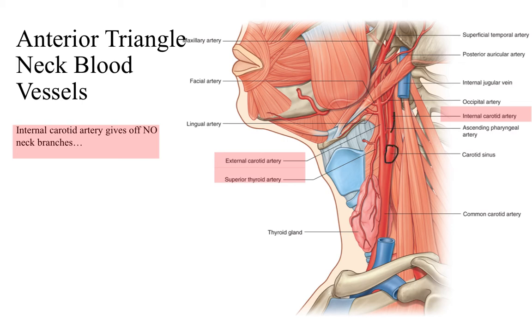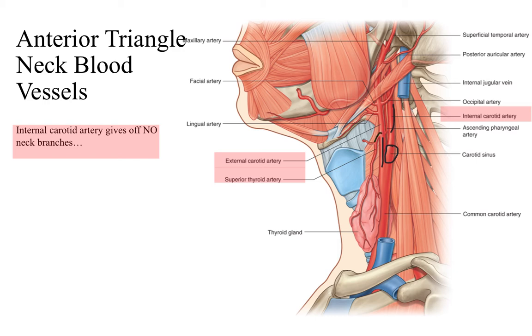The internal carotid artery does not give off any branches to the neck. It's going to go straight up into the skull and supply the cerebral hemispheres with blood. But if you look at the external carotid artery, you notice it gives branches almost immediately after it branches from the common carotid artery.